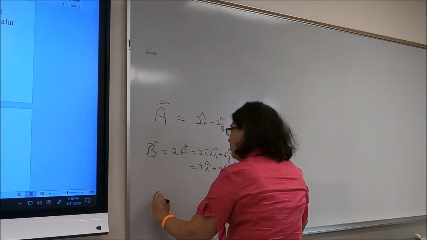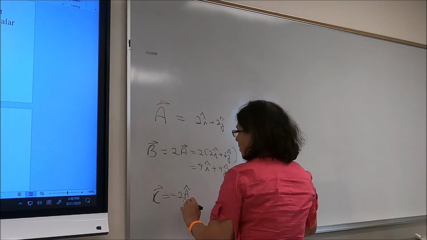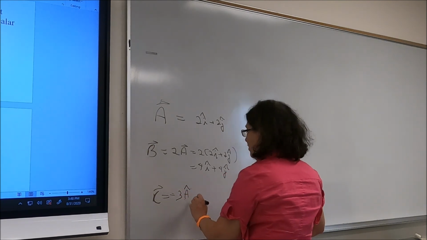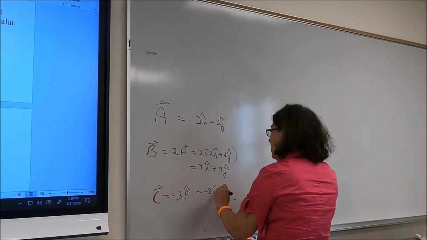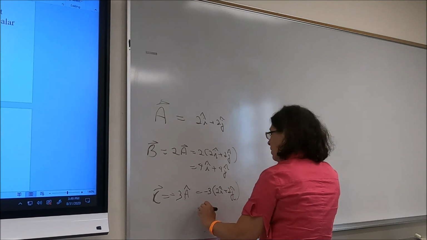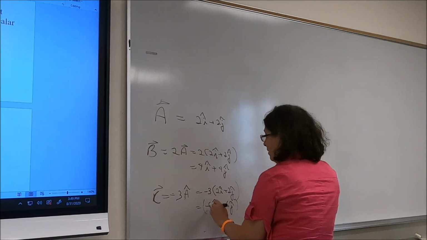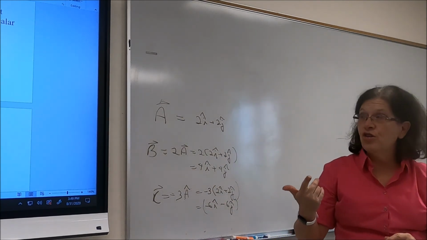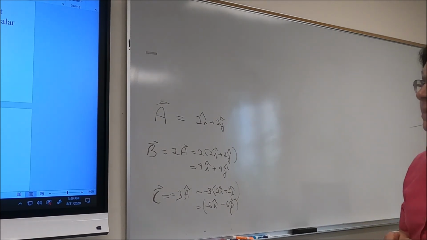If I had a vector C that is equal to minus 3A, then it would be minus 3 times 2I plus 2J. So I get minus 6I minus 6J. The negative sign changed the direction that each one of those unit vectors points.